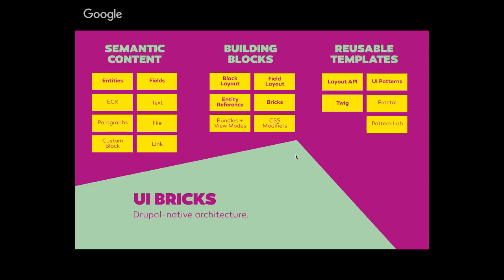So it's a really simple thing. We have an external component library, say Fractal. It has its own interface, a set of components, and each component has its own interface. And the UI Patterns module provides this interface as a Layout API to Drupal, and then we can use Layout API throughout our website.